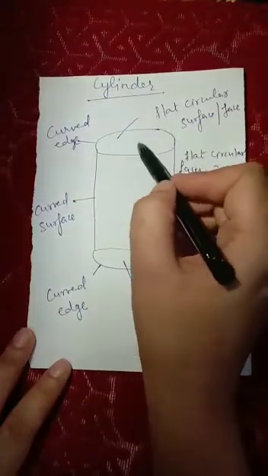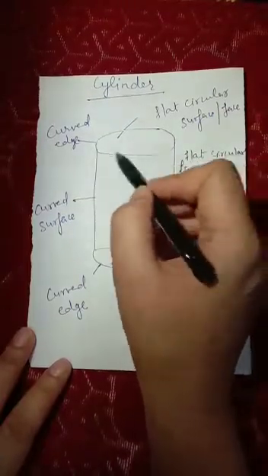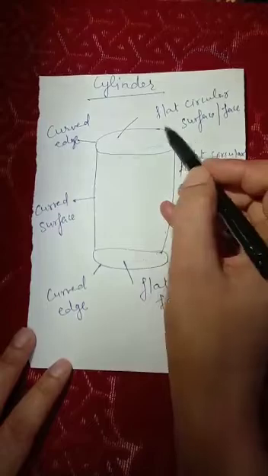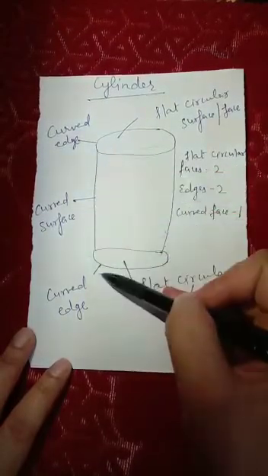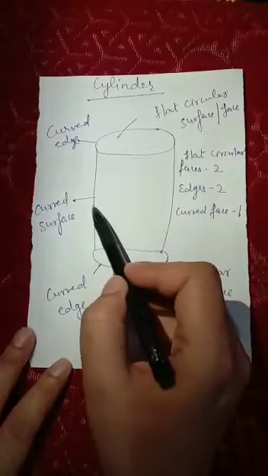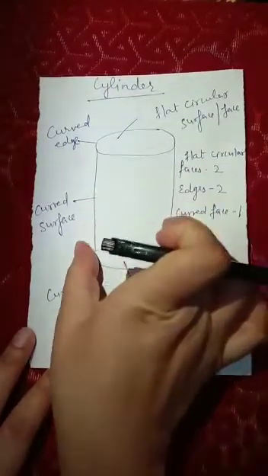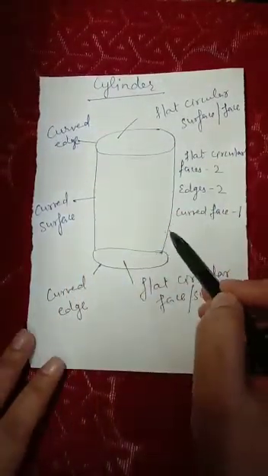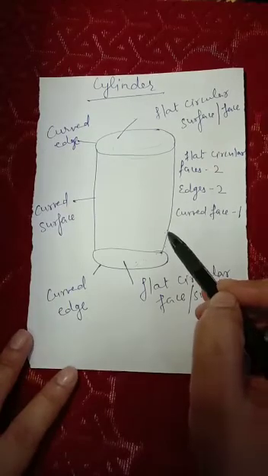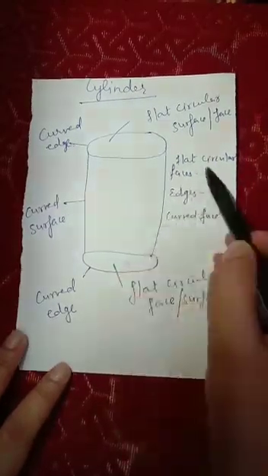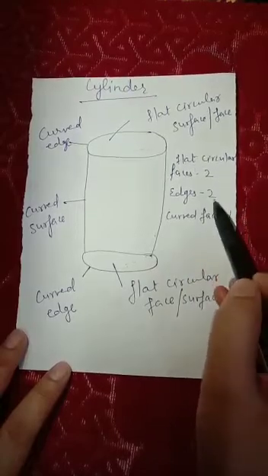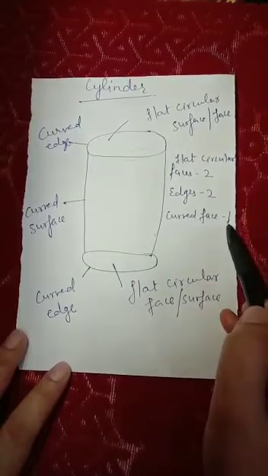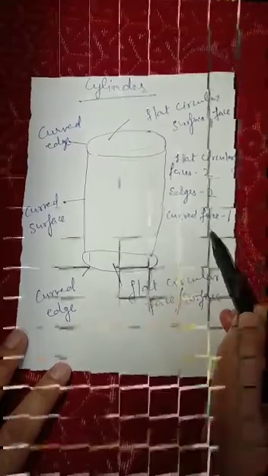And a surface is the portion which is surrounded by the edges. So it has 2 flat circular surfaces, 2 curved edges and 1 curved surface, which is this. You must have seen cylinders in your kitchen as well. So a cylinder has 2 flat circular faces or surfaces, 2 edges and 1 curved surface or face.